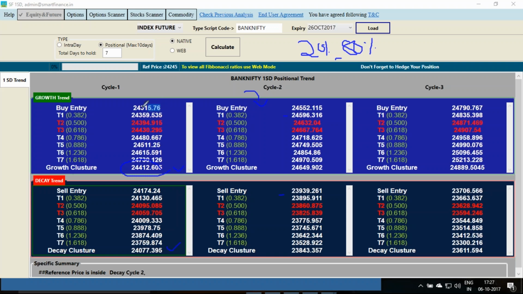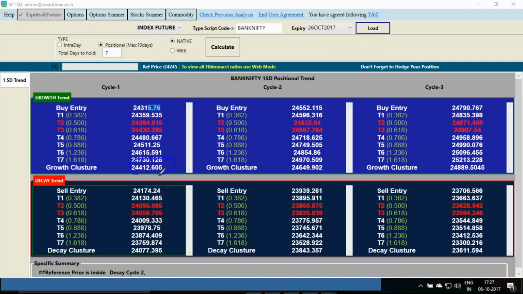When the price is rising above 24,315, the major resistance is 24,412. That is another definition of the cluster, where you can find maximum resistance and maximum support.